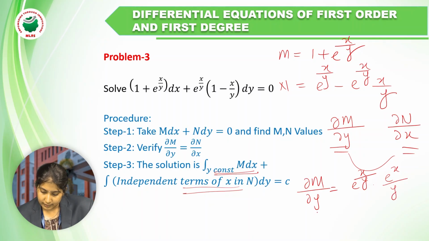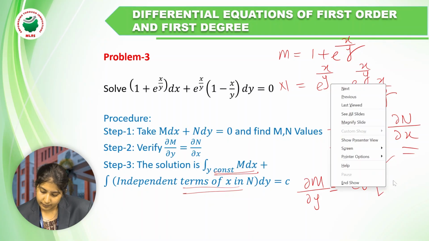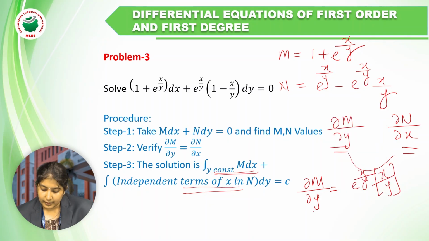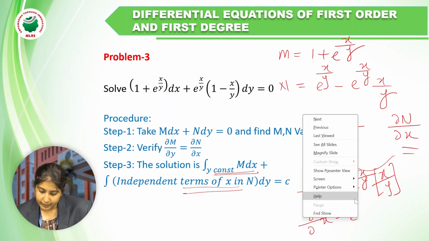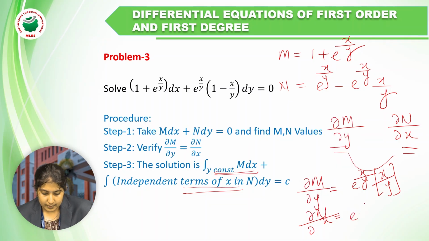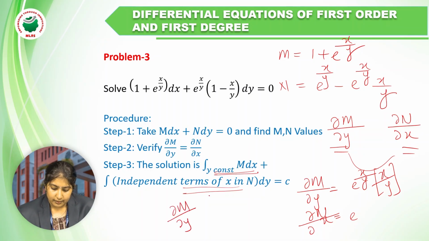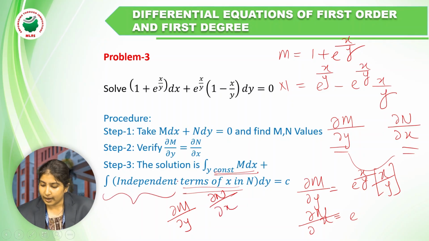Next, dou N by dou x: e power x by y into 1 minus x by y. So first check the exactness condition, then perform the solution. You can have a try at this.